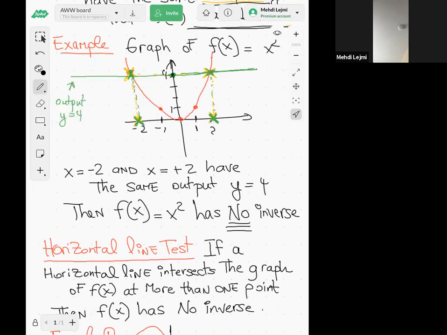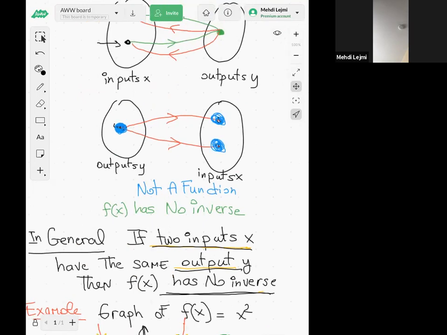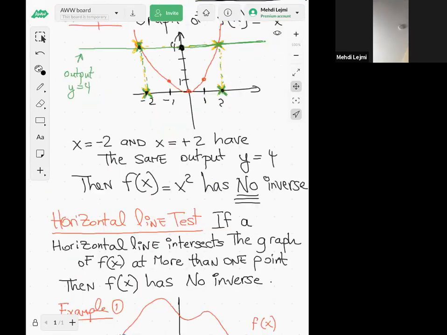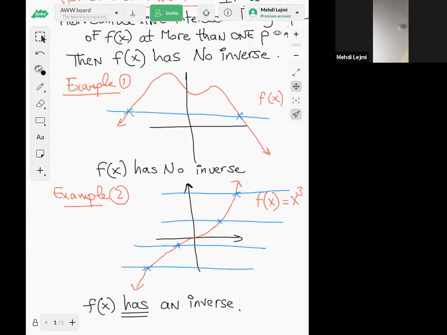If your output y is 4, then there are two possible inputs, and that means that you cannot really reverse. If you reverse your arrows here, then it won't be a function, right? Anyway, is there any question, guys, about this horizontal line test? It's a very easy, convenient test, I guess.